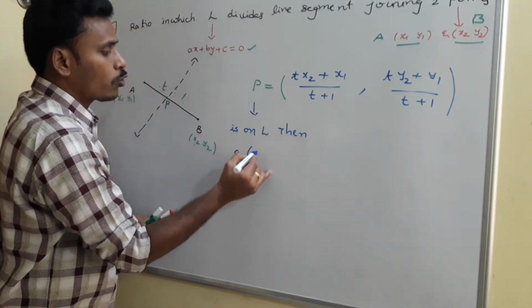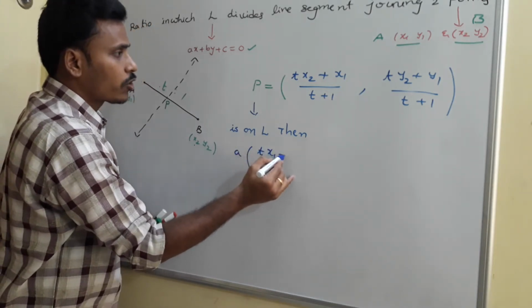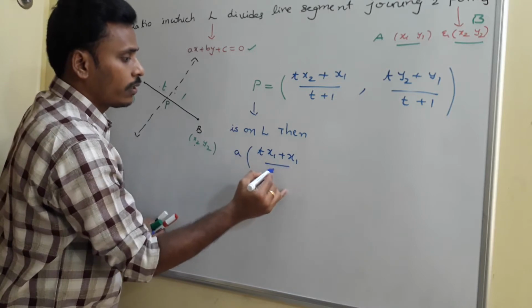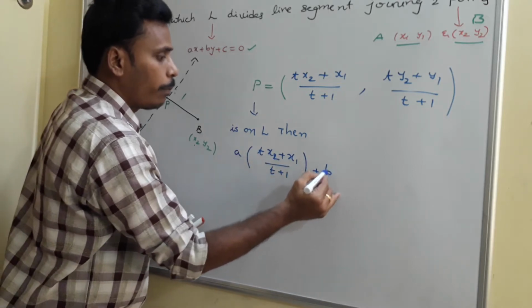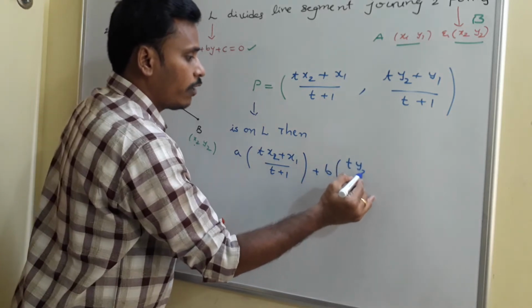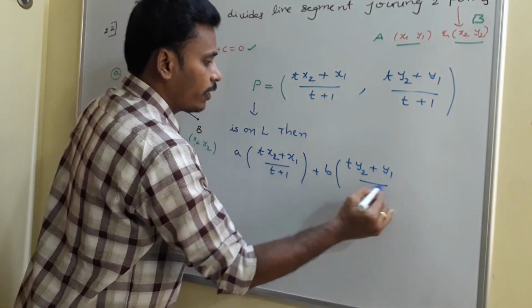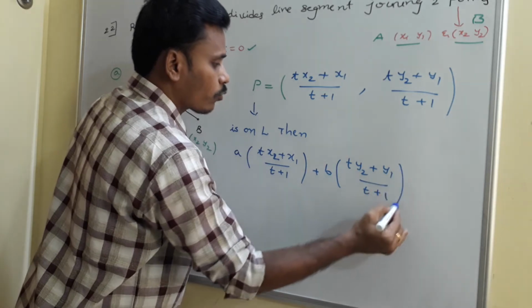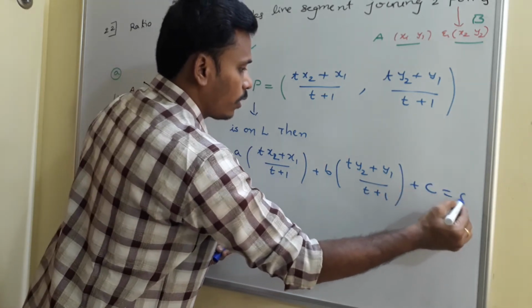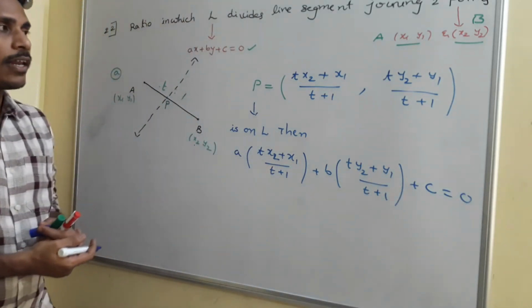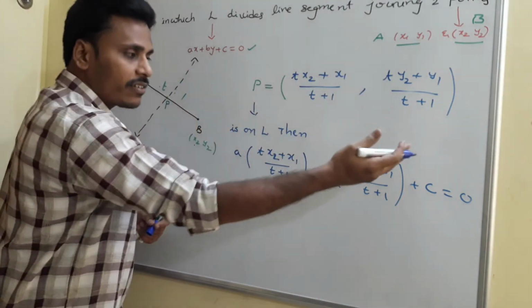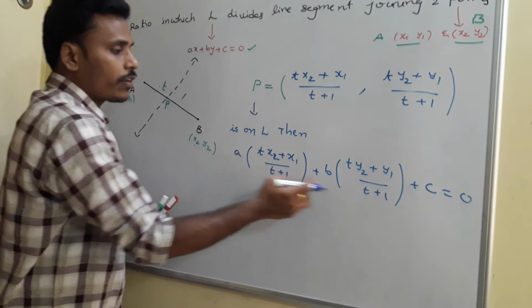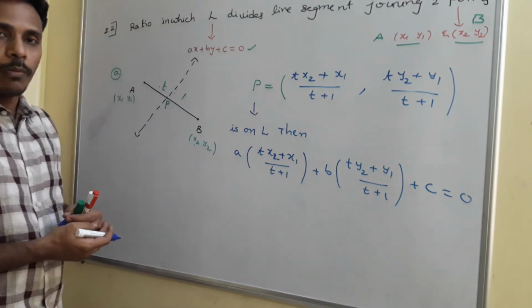Then a times (t x2 plus x1) divided by (t plus 1), plus b times (t y2 plus y1) divided by (t plus 1), plus c equals 0, just by substituting this particular point on the line. Now the right side is 0, and the first two terms have t plus 1 in the denominator.